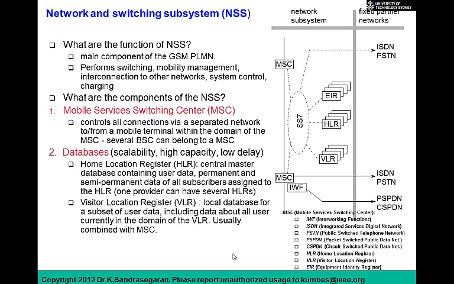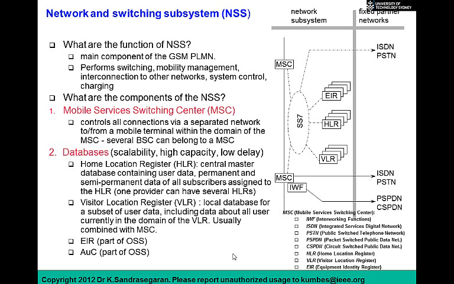So associated with each MSC is a local database, and this local database contains information about subscribers that are being served by a particular MSC. And so it downloads from the main database information that is relevant to providing services to a subscriber.